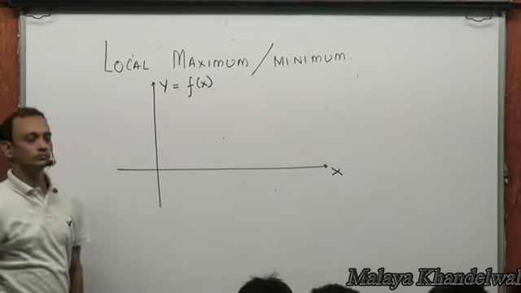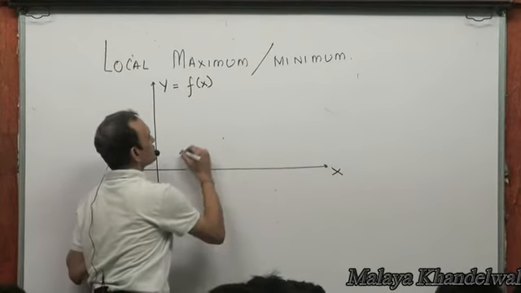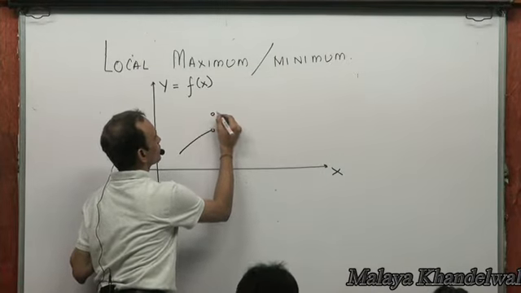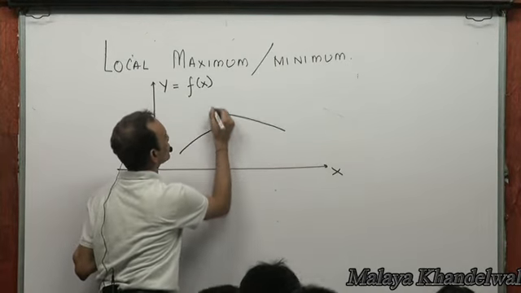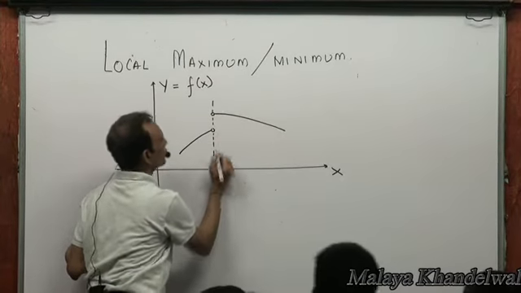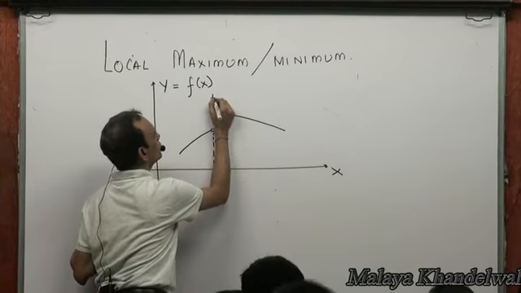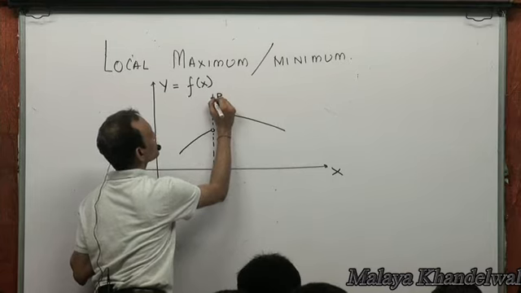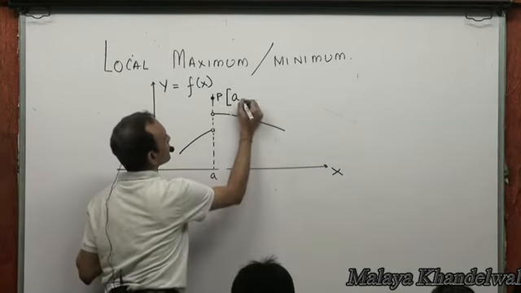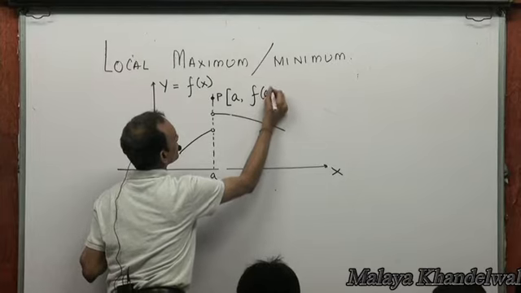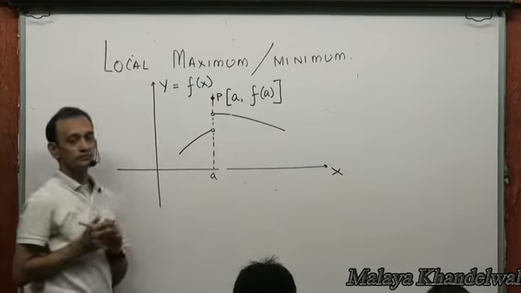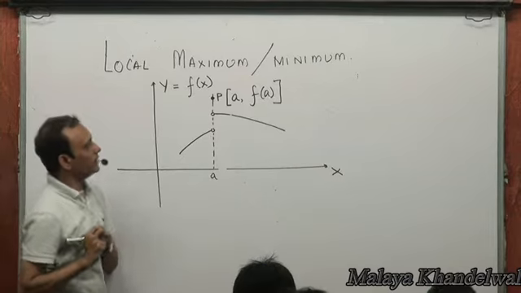Now, say there is a function like this. This is a point P, x coordinate a, y coordinate f(a). This is a point on the graph of the function, right?